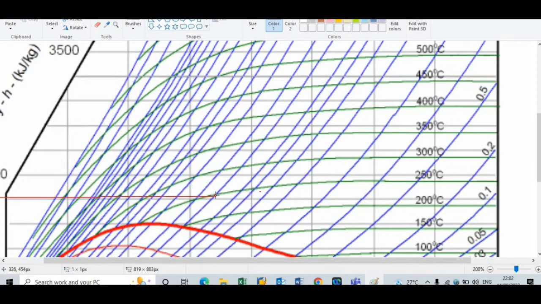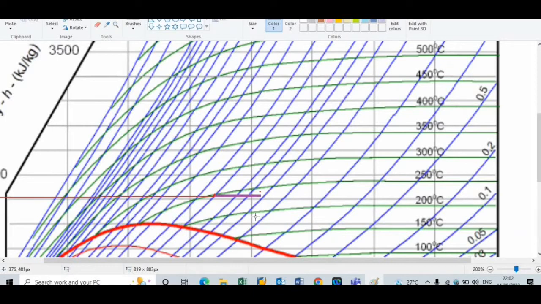So I will draw one straight horizontal line. This is the horizontal line that we have to extend.